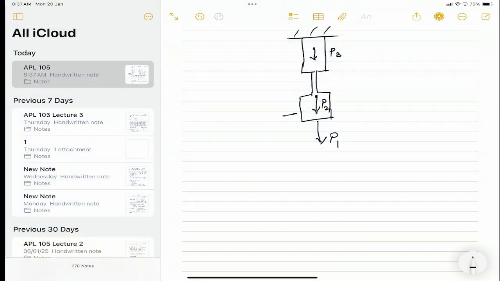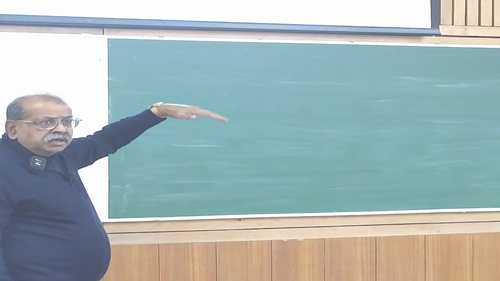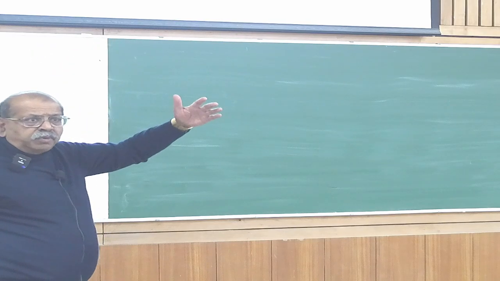Let us say here the area is A1, the area here is A2, and the area here is A3. If you have to find the extension at any stage, you make a cut section, either from the top or from the bottom.